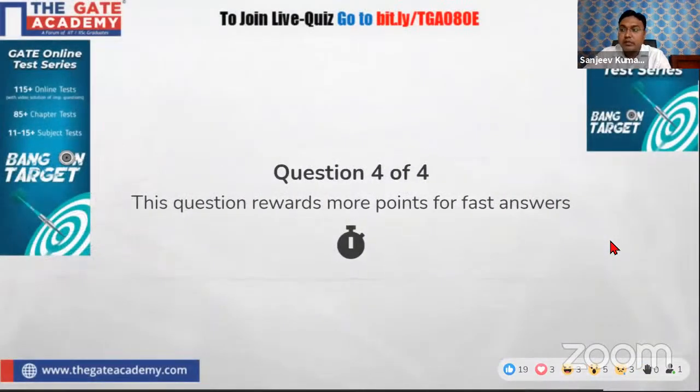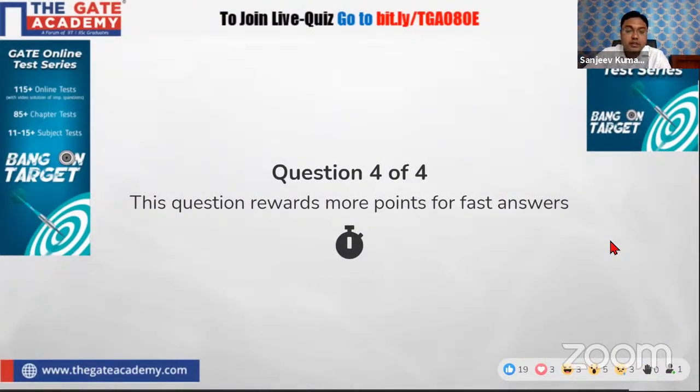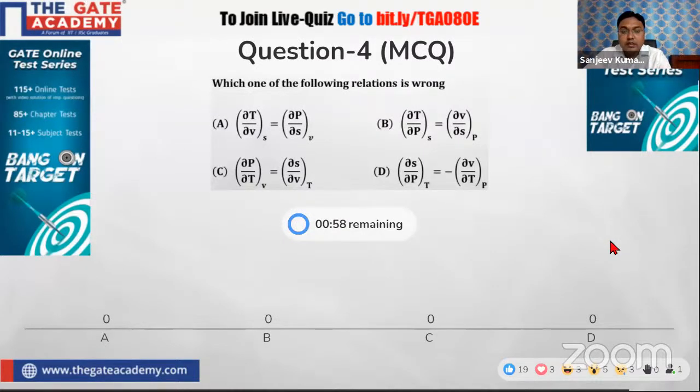Last question. This is a very easy question. You can see here: which one of the following relations is wrong? Okay. So it is a multiple choice question, and one option is wrong actually, right? So which one is the wrong option? If you know the Maxwell equations, definitely you can find it out.